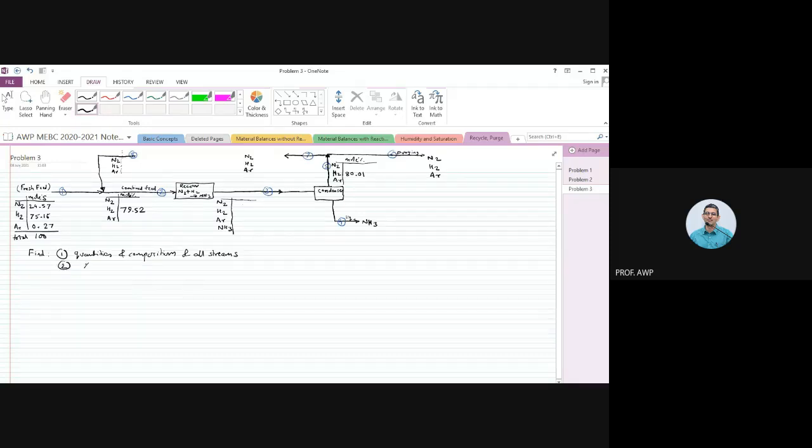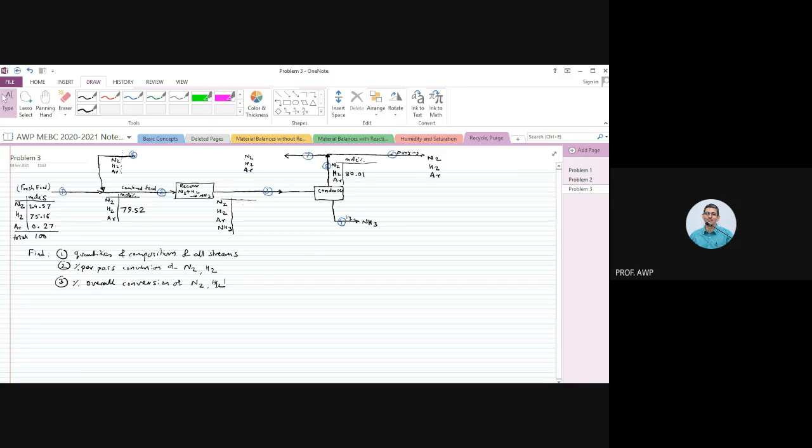Second, find the pass conversion of nitrogen and hydrogen in terms of percent, and the overall conversion in terms of percentage, of nitrogen and hydrogen. Okay, let's do this problem.